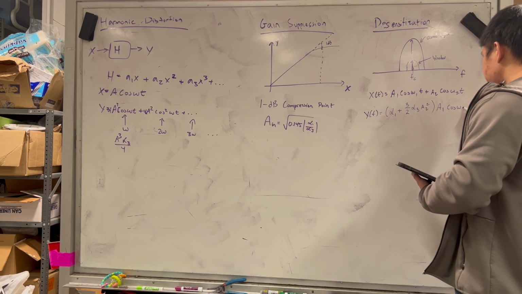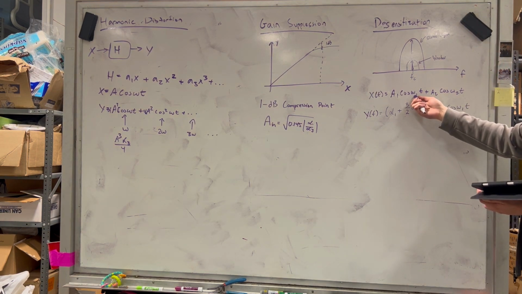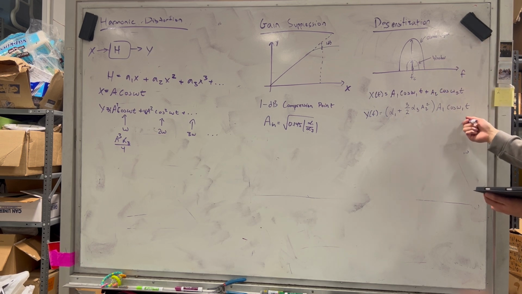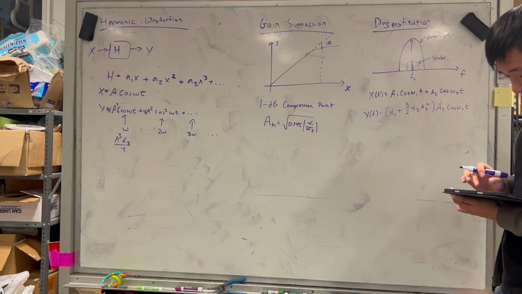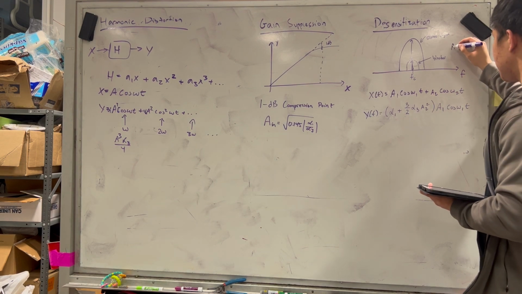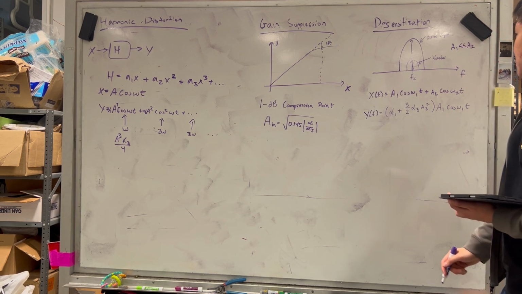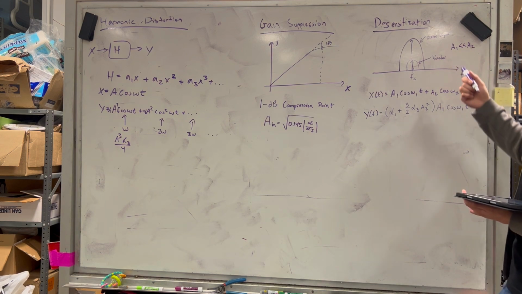We get this term, where omega 1 is assumed to be the information that we care about. So if omega 1 is the information that we care about, that means A1 is much smaller than A2. Sorry, A2 is the information we care about, A1 is the blocker.